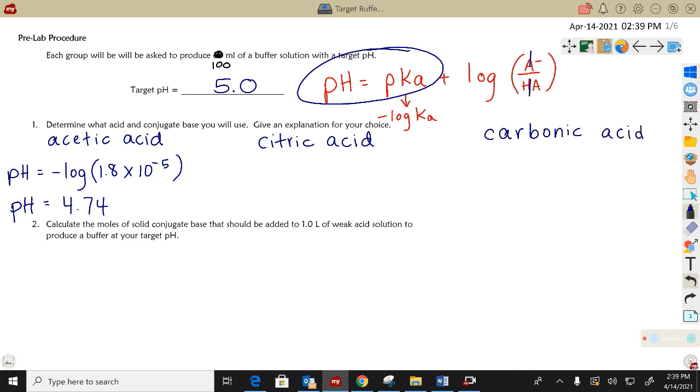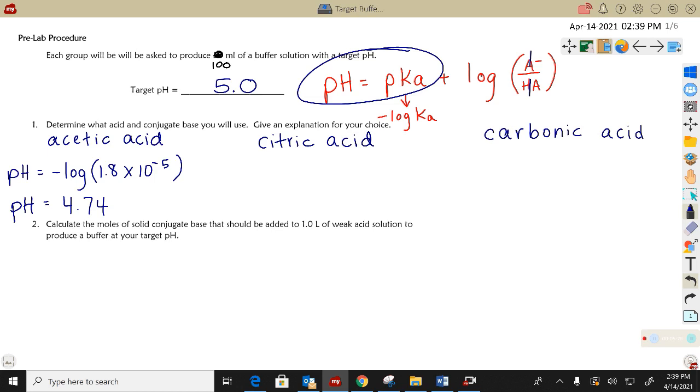Why do I care? Because if I look at this table of Ka values for citric acid, they give me Ka1, Ka2, Ka3. I could release 3 hydrogen ions. Well, the version of the conjugate base that we would use would be the base formed after just the release of 1 hydrogen. So I'm going to use Ka1. Not very often do we work with these acids that have more than 1 hydrogen.